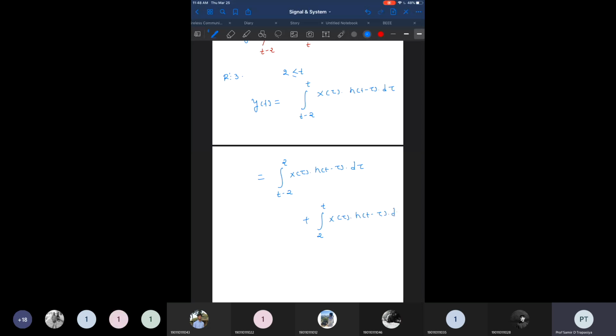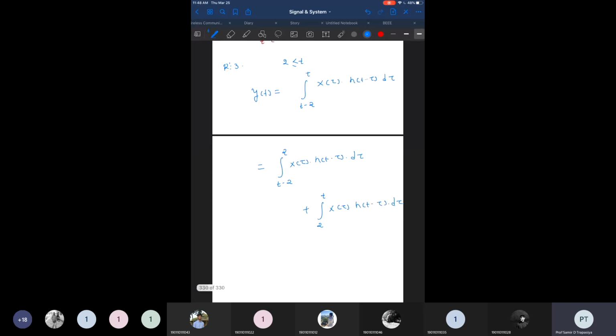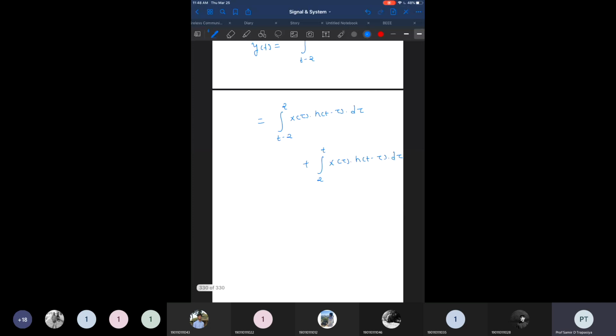So that is multiplied with 2, and it is d tau. For the integration from 2 to t, x of tau is 4 minus tau, and h of t minus tau is the same 2. Okay, so now we need to integrate these two functions.